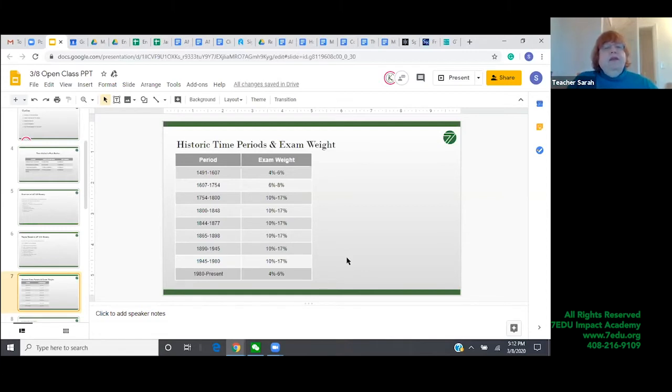You also have 1607 to 1754. That's 6 to 8%. Now from 1754 to 1980, each one is worth 10% to 17% of the overall weight of the test. And then 1980 to the present, 4 to 6%.